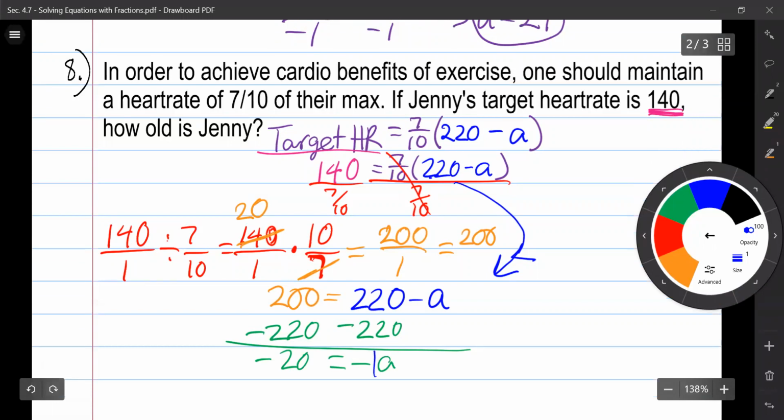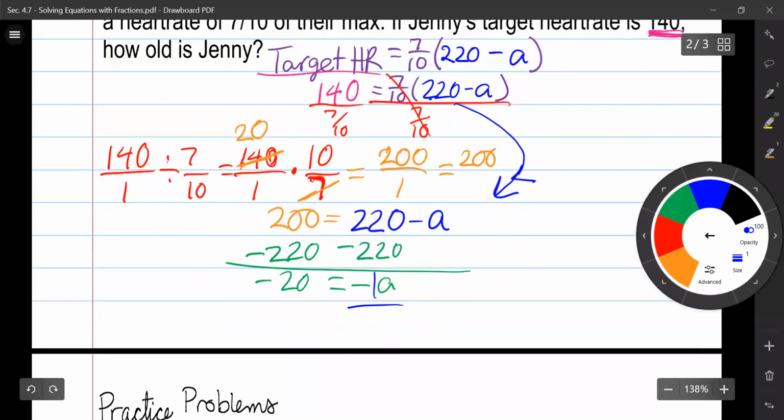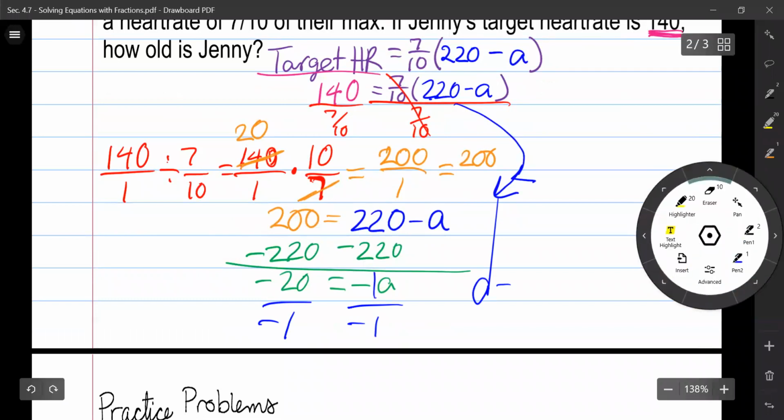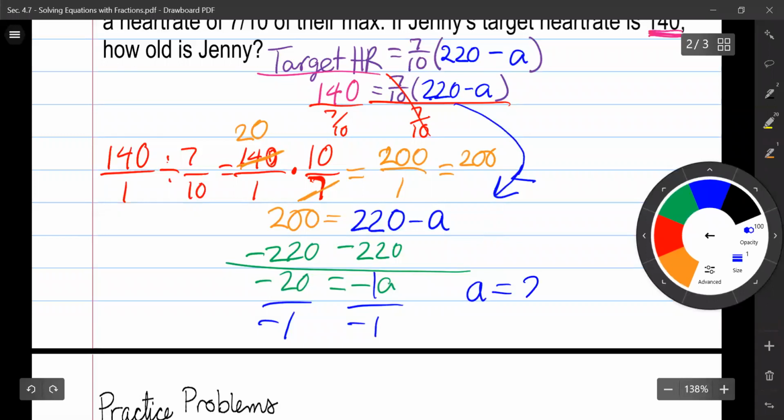So divide both sides by negative 1. And so A is 20. So Jenny is 20 years old.